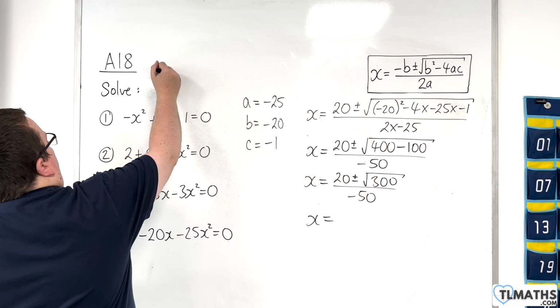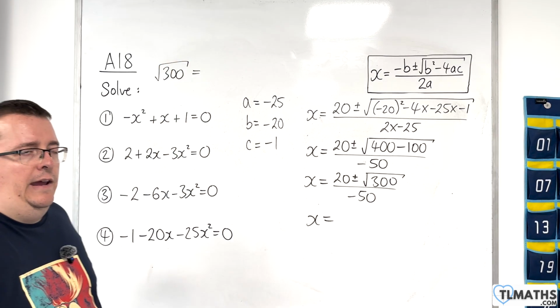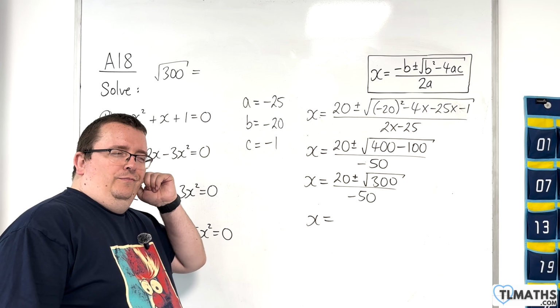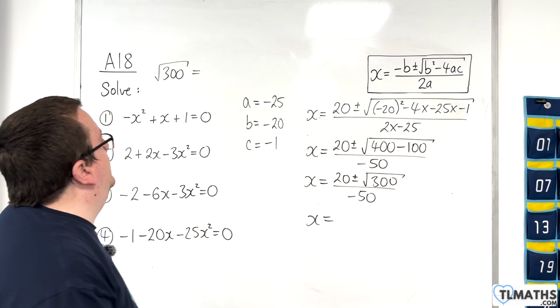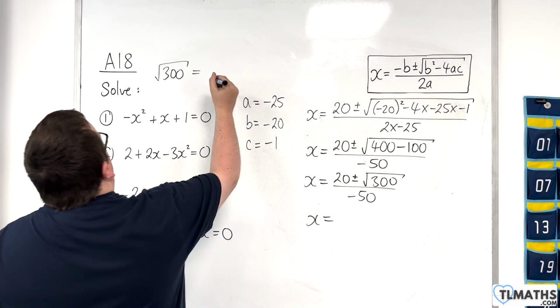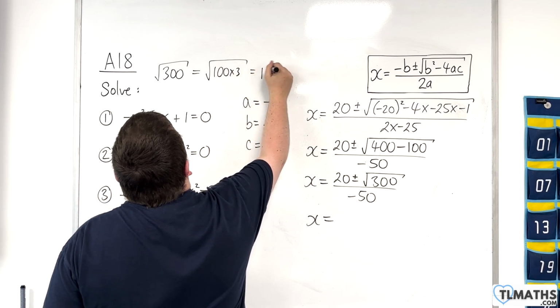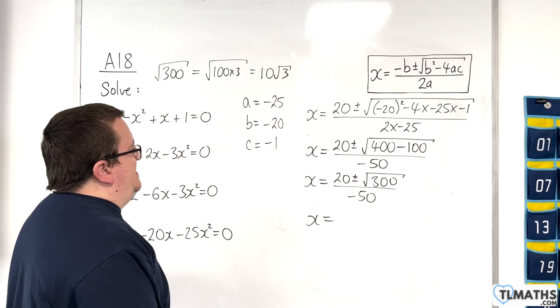Now, what does root 300 simplify to? Now, 25 goes into it. Well, 100 goes into it, doesn't it? 100 is a square number. So 100 times 3. So that's 10 root 3.